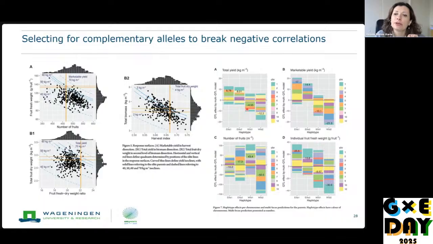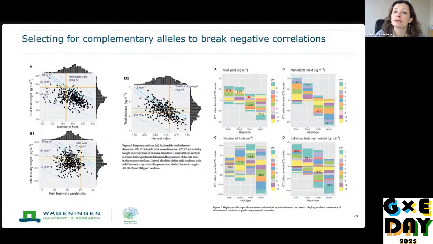And then we can see that in most cases it is true that the elite lines have the positive alleles, so most of the alleles here are positive, which makes sense because breeding has worked a lot on those. But it's also the case that for some of them, the good alleles come from the wild accessions, so the wild parents.